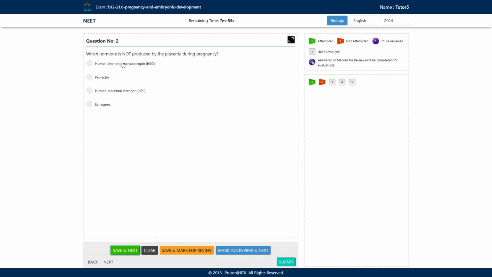Now, which hormone is not produced by the placenta during pregnancy? The placenta also secretes some hormones; it also acts as endocrine tissue. Options are human chorionic gonadotrophin, prolactin, human placental lactogen, and estrogen.